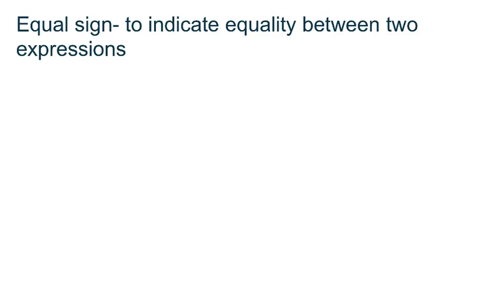So now, we talked about an expression, and now let's talk about the equal sign. Well, the equal sign is to indicate equality between 2 expressions. So let me show you another example.